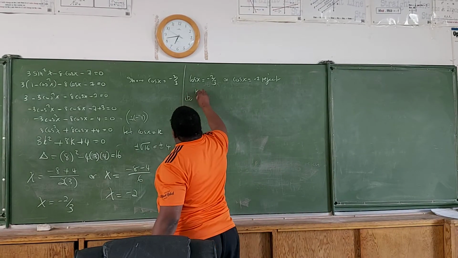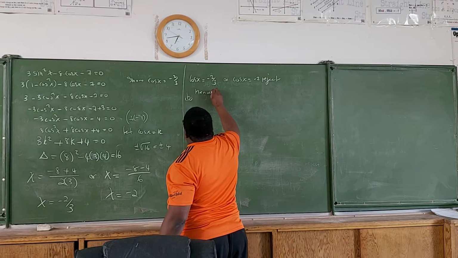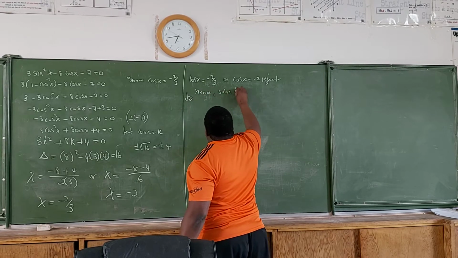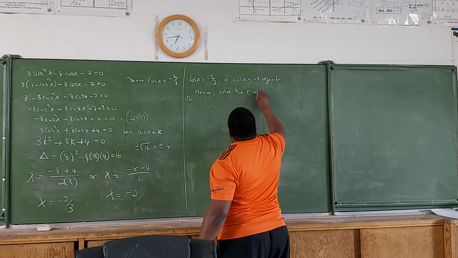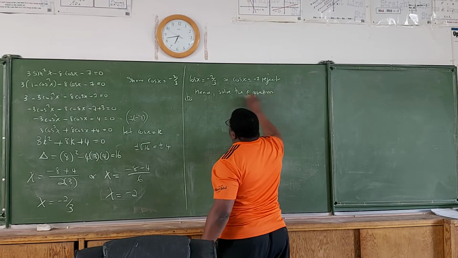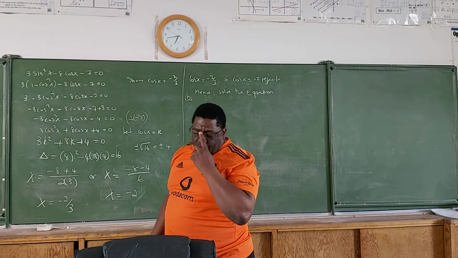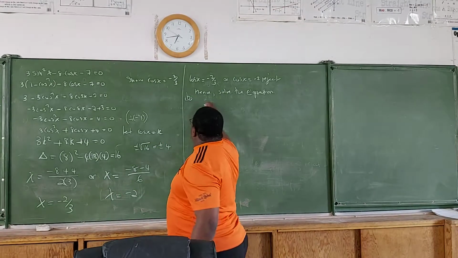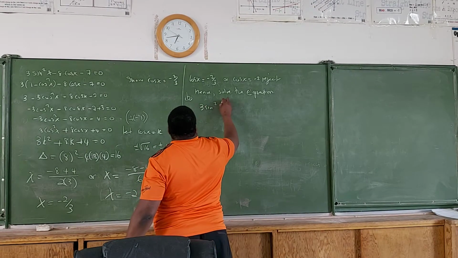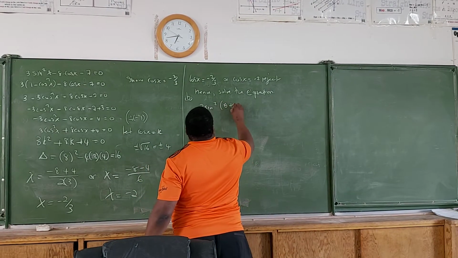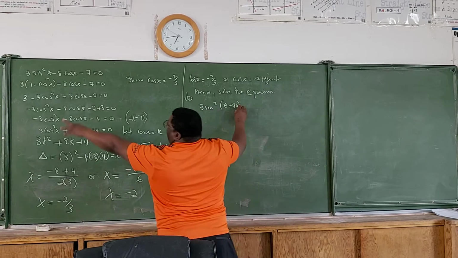Now, part B says, hence, you are supposed to solve the equation. What is that equation? It has got some stuff in there. So it's 3 sin squared, but you have got theta plus 70, am I right? Yes, sir.